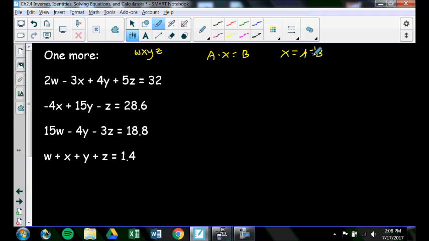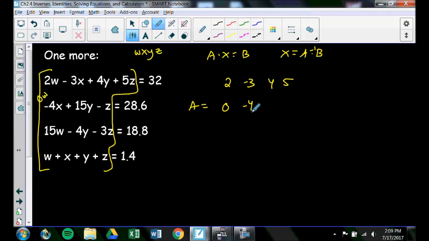Anyways, my A matrix will contain these coefficients. So A is going to equal 2, negative 3, 4, 5. Sure can make these numbers nice for you. There's no w on this one. Notice that. So this is going to go 0, negative 4, 15, negative 1. This one doesn't have an x.